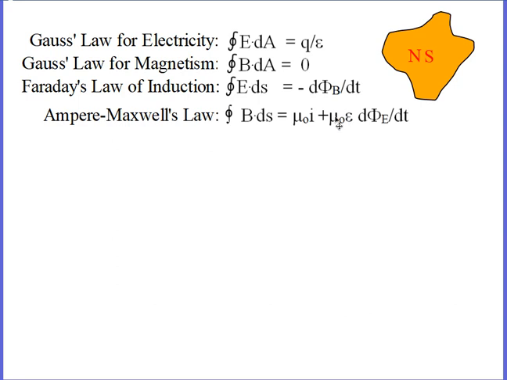Let's go back to this ugliness here. Please get out your calculators. I recall for you what the permeability constant and the permittivity constant are. Will you please, on your calculator, multiply those two together? And admittedly, it doesn't look like much.